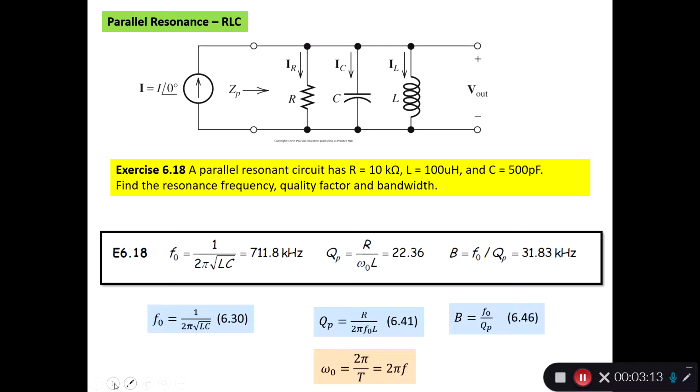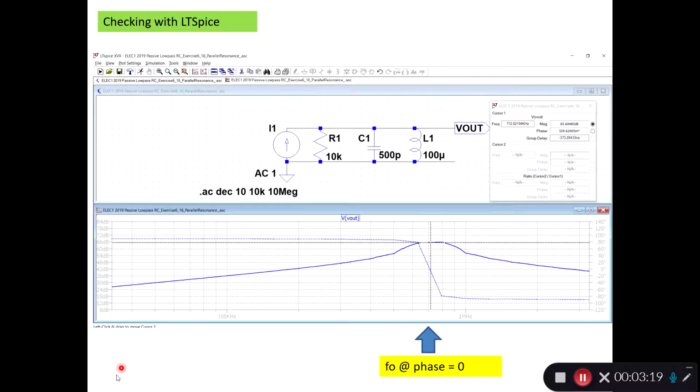The next step in our solution is to verify our solution. We do that by a simulation. I have simulated the circuit in Ngspice, and I use a current source and a component, and we can see here the Bode plot of the circuit.